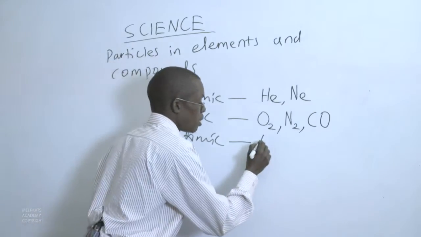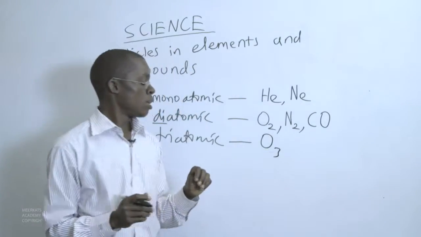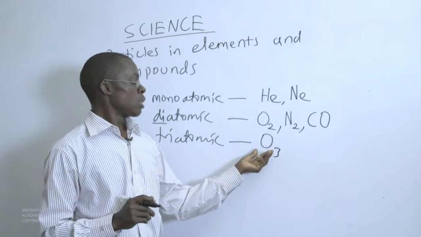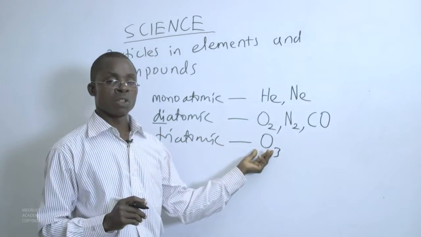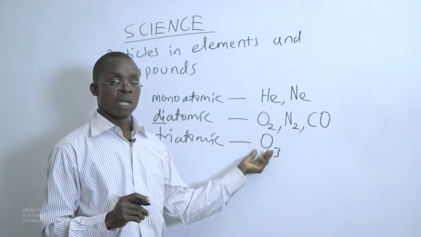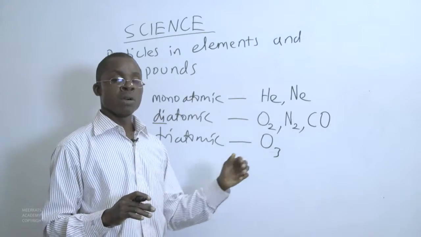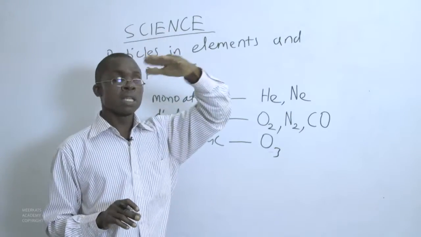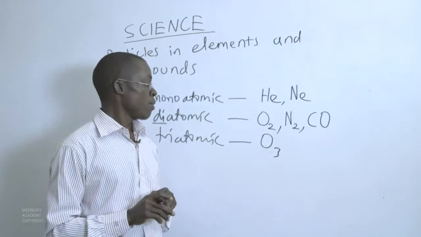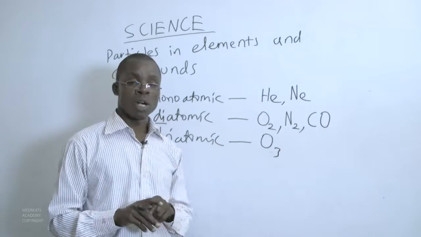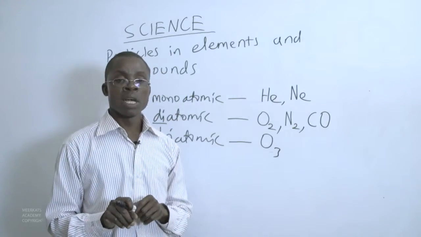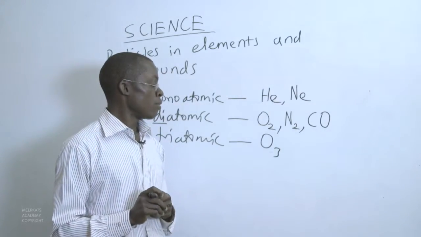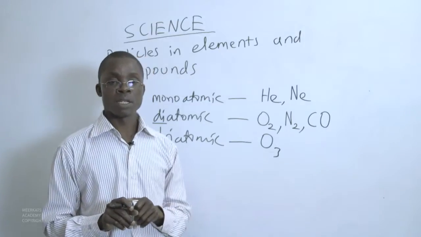Ozone is three oxygen atoms together. It is the famous ozone that you have once heard of, which forms a layer in the atmosphere, which is very important to us because it protects us against the harmful rays from the sun.